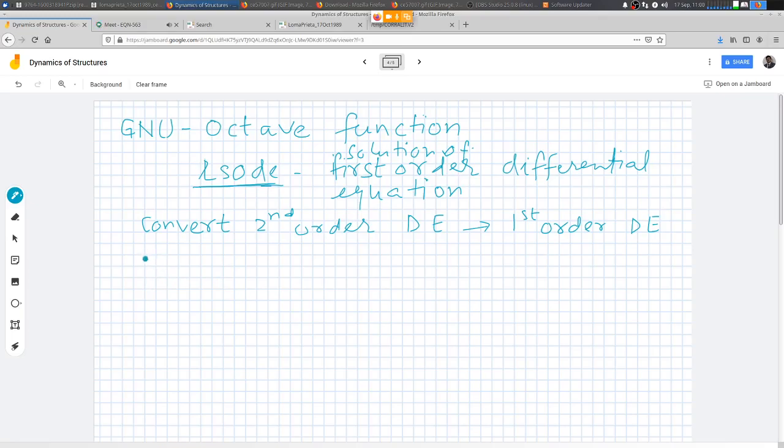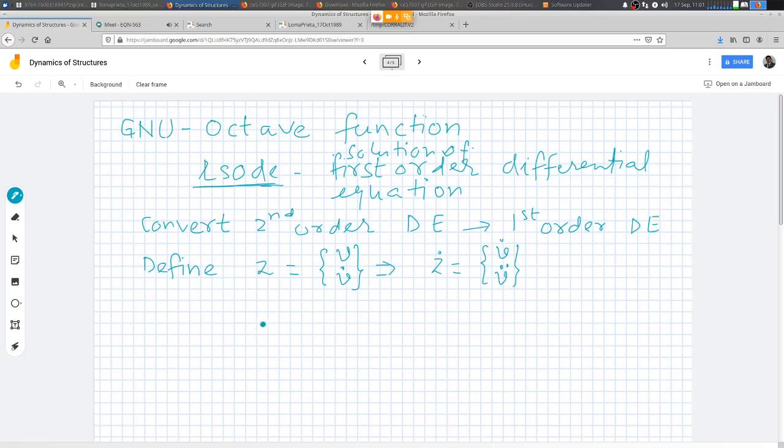How do you do this? By defining auxiliary variables. Define z as v and v dot, right? Then automatically z dot becomes v dot and v double dot, right?